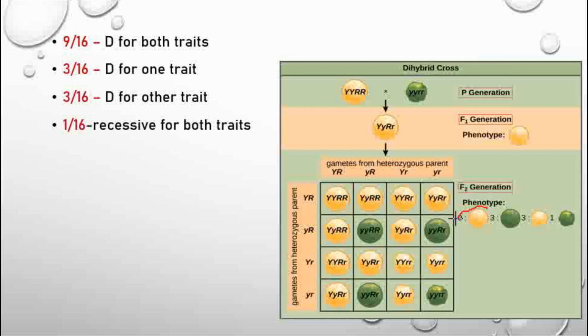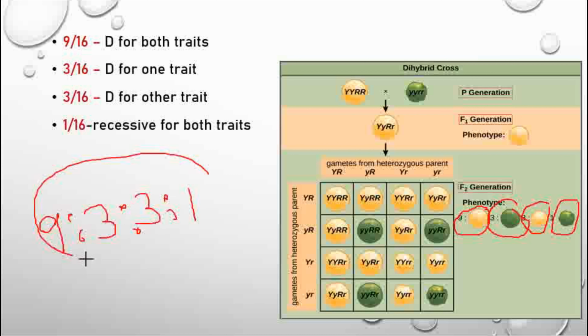So 9 is to 3 round green seeds, and 3 wrinkled yellow seeds, and wrinkled green 1. You can check with the table, you can check the phenotype. 9:3:3:1. So this is what the phenotypic ratio will be.